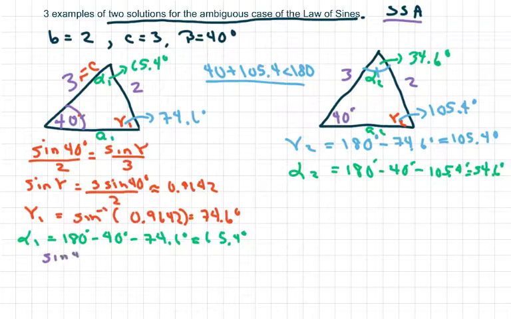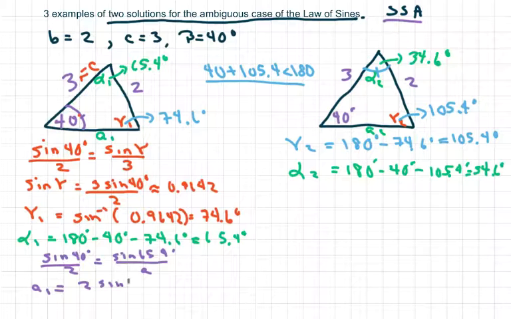Sine of 40 over 2 equals sine of 65.4 over your A1, and you cross multiply, and you're going to get A1 equals 2 times sine of 65.4 degrees over sine of 40 degrees. And that gives you approximately 2.83. So this is 2.83.